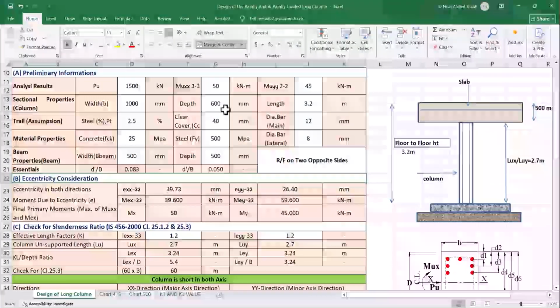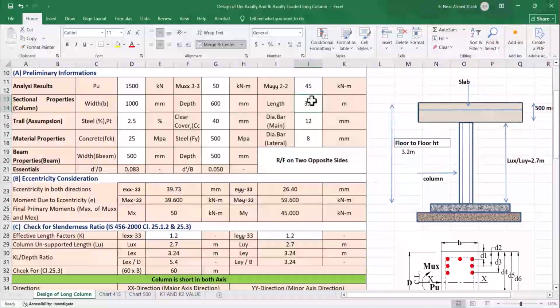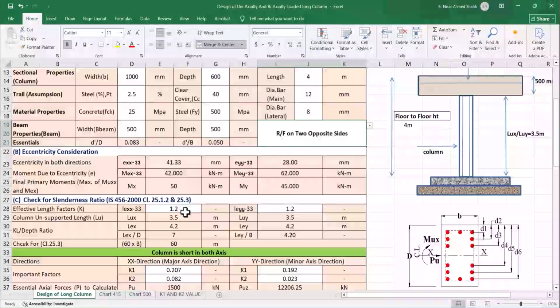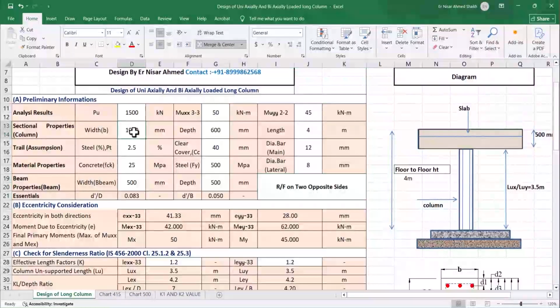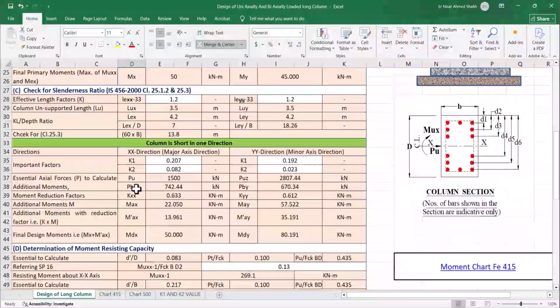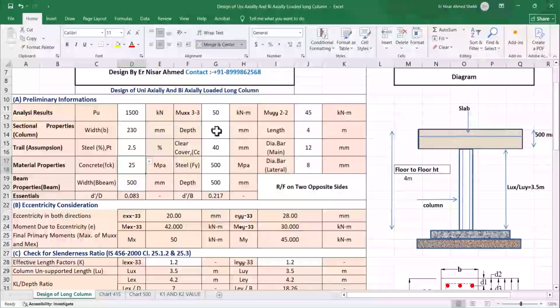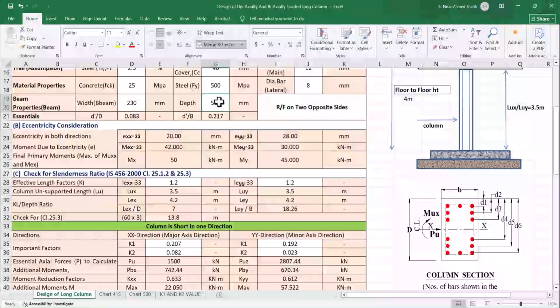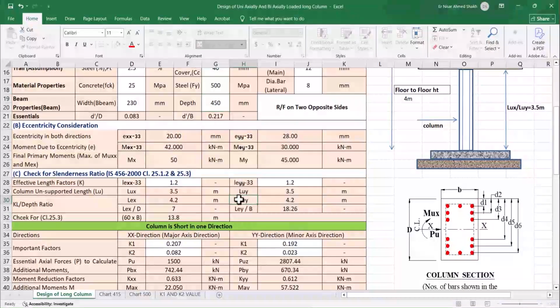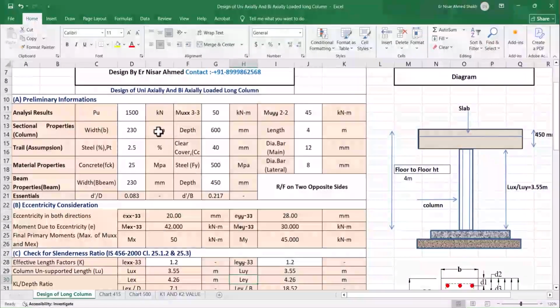Fine, we will consider this one as 4 meter. Then 230, this is 600. This will also be considered 230, 450.